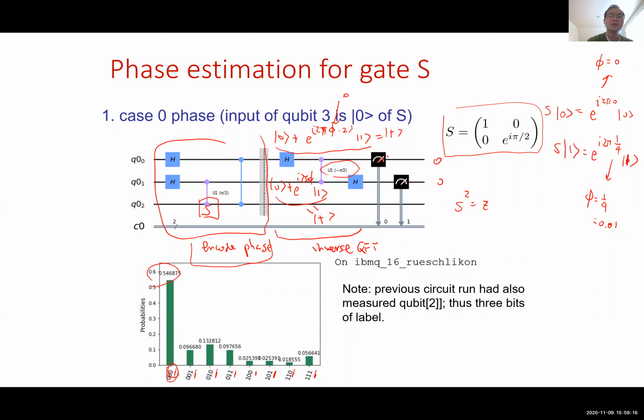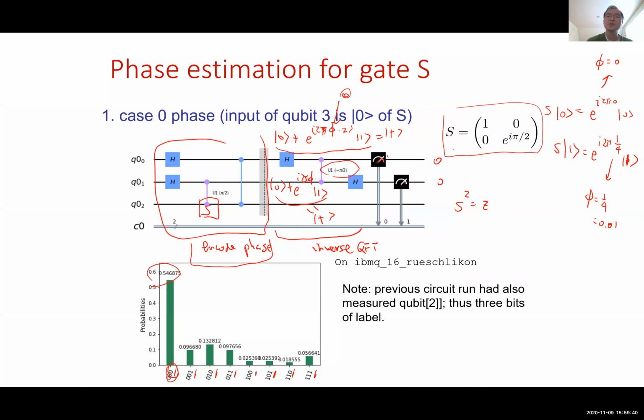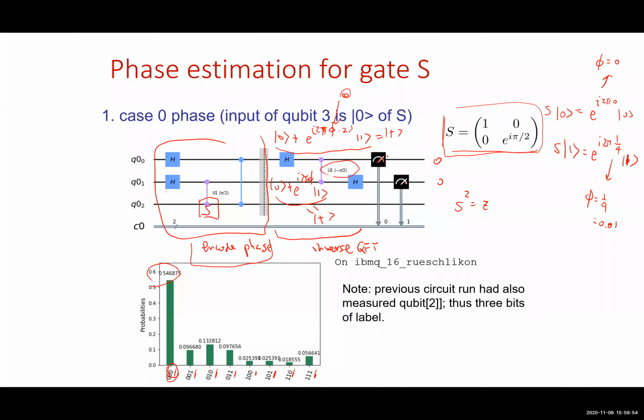This is control S, and this is control S squared. The phase is 0 in this particular case, but the next one would have 1/4, right? So you put different U, they have a different phase. No, same U. I always put U as S. I always put the same. What changes is the input state, to get the eigenstate, right? Yeah, different eigenstates extract different eigenvalues.